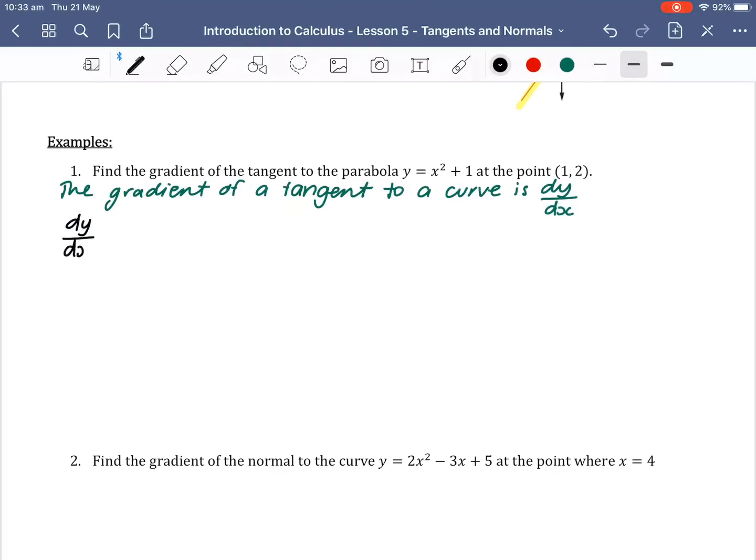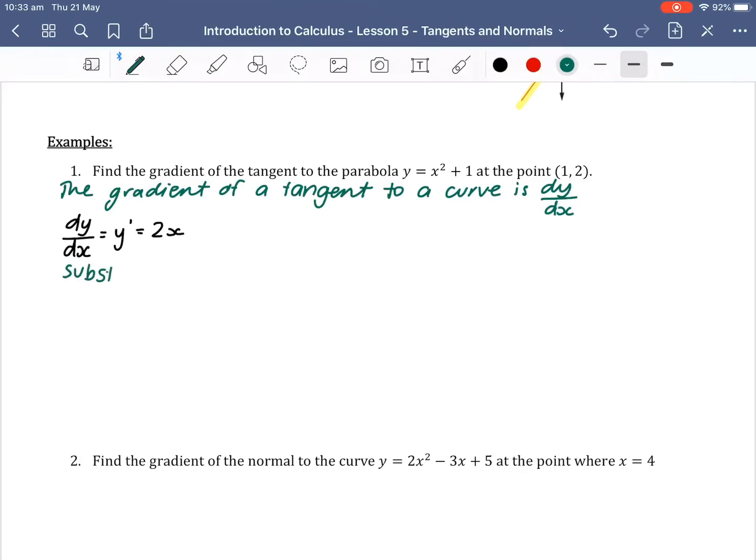So we're going to find dy on dx, which equals y dash also, of our equation y equals x squared plus 1. What we do is we bring our power down, so it will be 2x, and our constant disappears. So it's 2x plus 0, which just equals 2x.